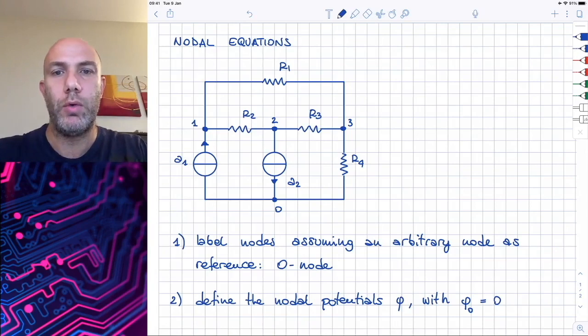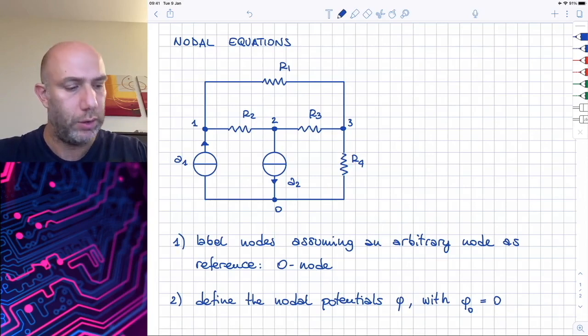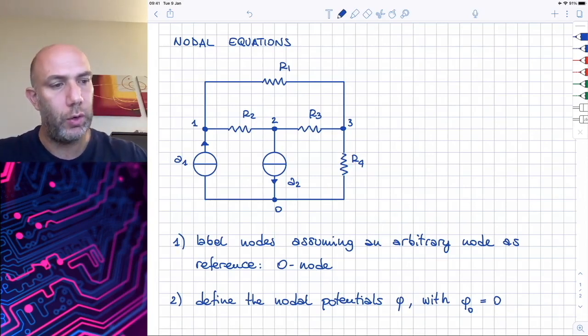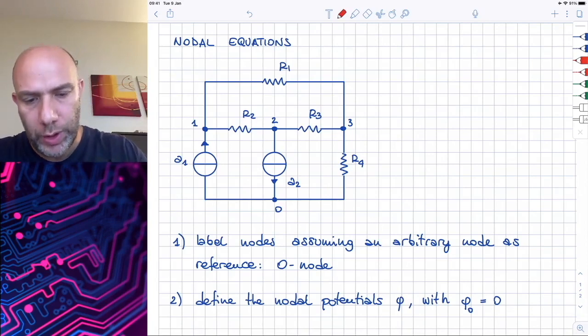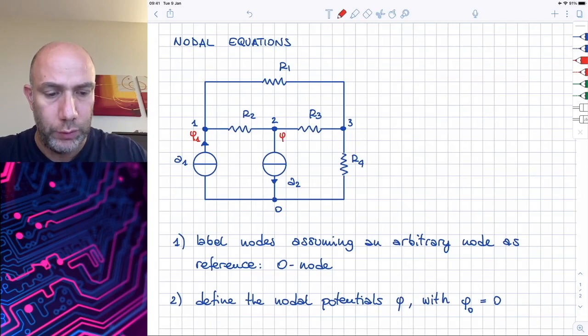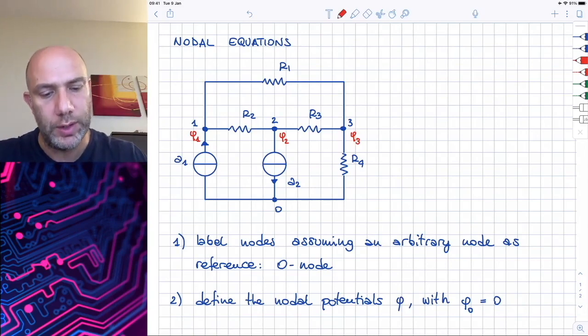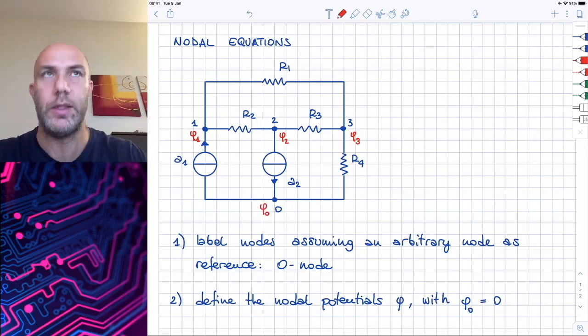As you may know from the course of physics, potentials are defined up to an additive constant, and we can put this constant to 0 to simplify our calculation. So, we call the potential of node 1 phi 1, potential of node 2 phi 2, and potential of node 3 phi 3. The potential of the node 0 is phi 0 and is equal to 0.